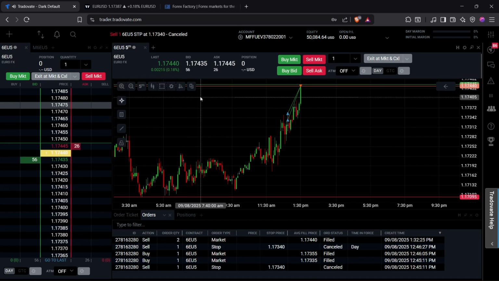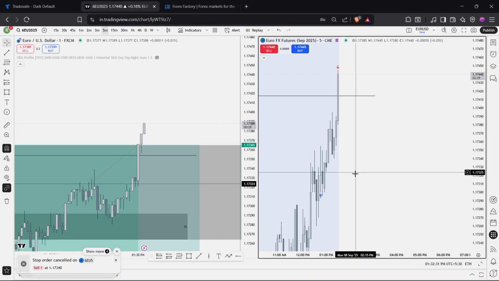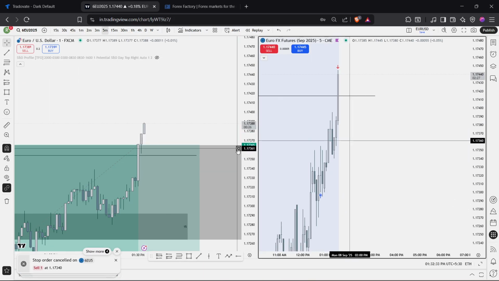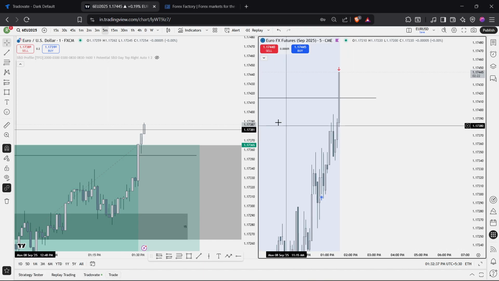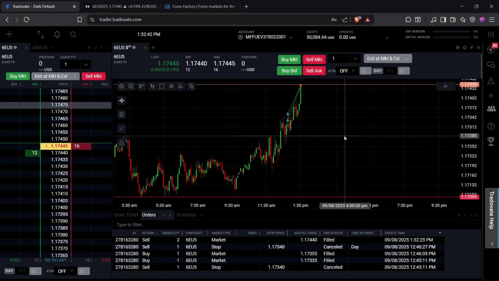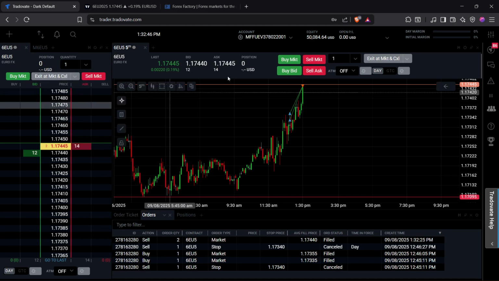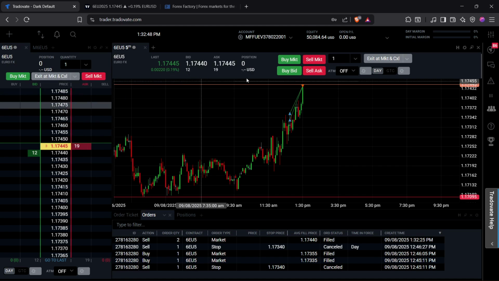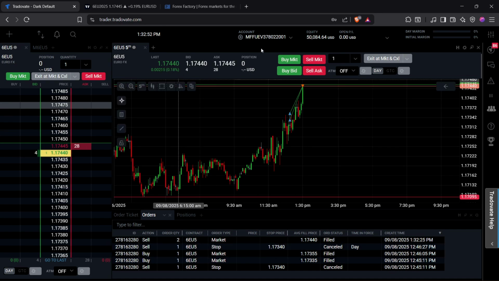I was thinking that would happen. I don't know how to close that. It showed me quantity I had selected one. So how did it close both the positions? Okay, so I'm at break even now.